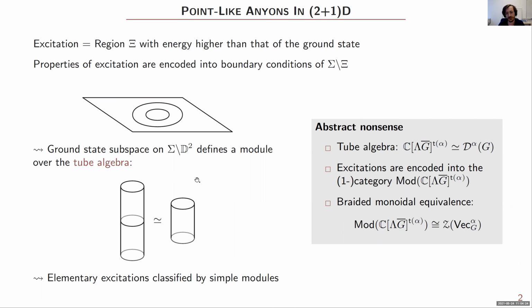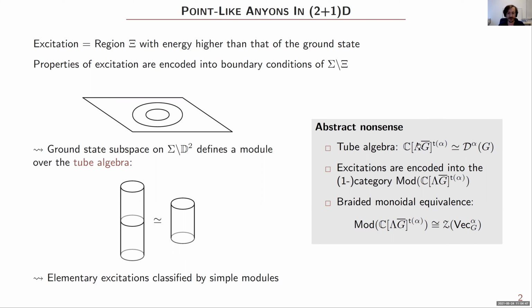More concretely, although I don't want to go into the technical details, this algebra can be written conveniently as some so-called groupoid algebra, where G here is the input group and alpha is some input cohomology class. But this algebra is isomorphic to a possibly more familiar one, that is the twisted Drinfeld double.